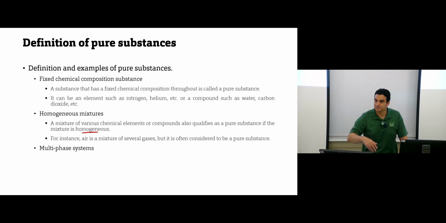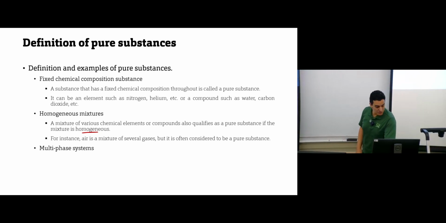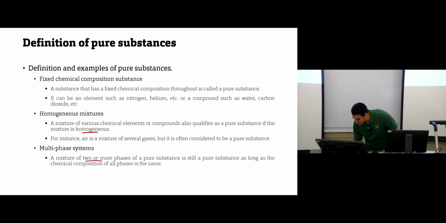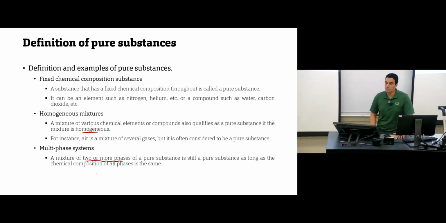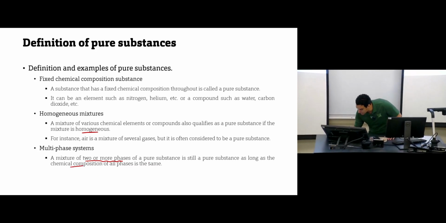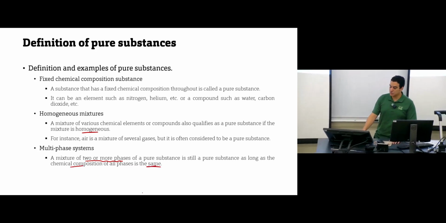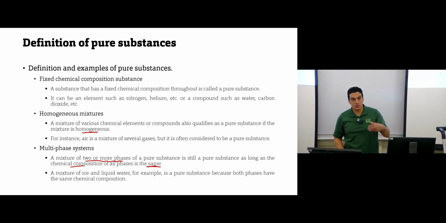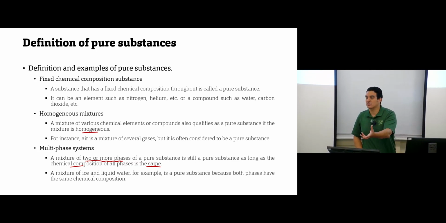Okay, clear? The last category is multi-phase systems. If you have a system of 2 or 3 phases, this one also can be described as a pure substance if the chemical composition is the same. So what this means, if we have ice and water, for example, the composition of ice is the same as the composition of water.